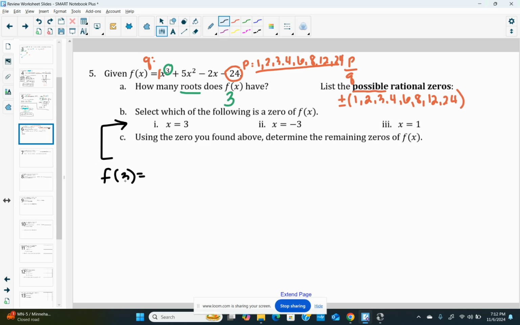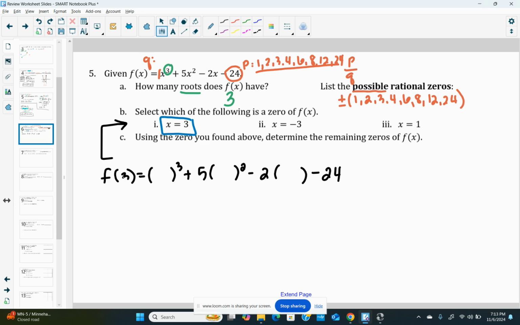So we'll plug into x cubed plus 5 times x squared minus 2 times x minus 24, and we're just going to plug each of these zeros in.